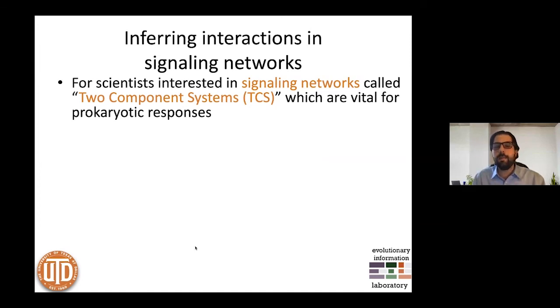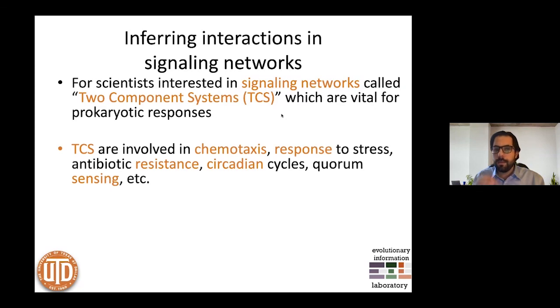And this is, again, a little bit more specific to people interested in signaling networks. So there's a signaling network called a two-component system. These are communication systems, mainly in prokaryotic systems, in bacteria.